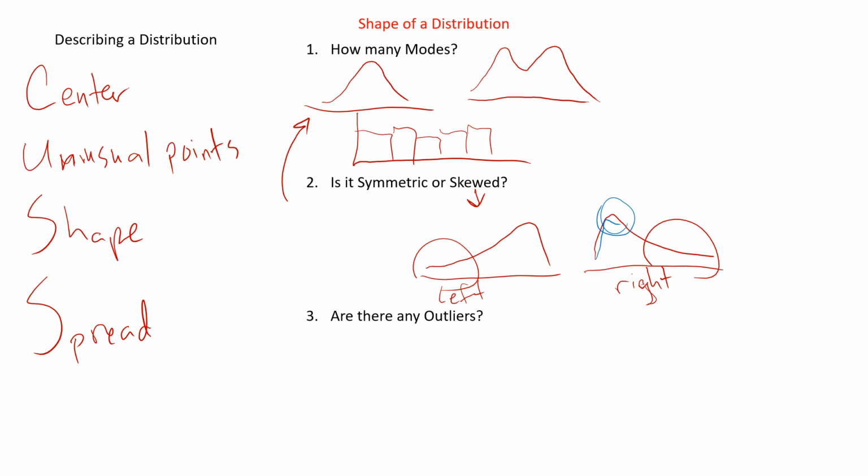And then as the income increases, you get fewer and fewer people making it. But there is no upper limit. We have Jeff Bezos over here, Bill Gates over here, and Elon Musk over here. Those guys are pulling the tail that way, but you can't have anyone over here less than 0. So when there's a lower bound, it tends to make it right skewed.